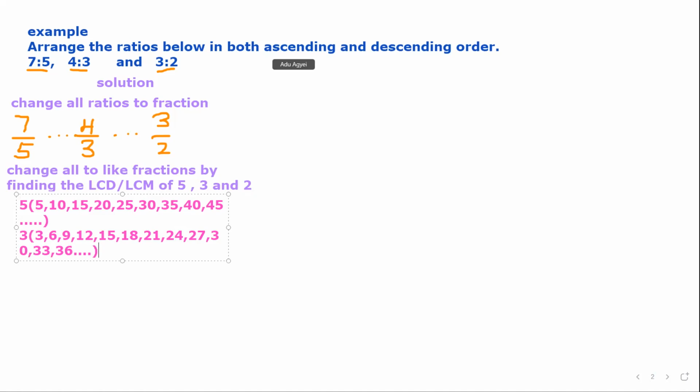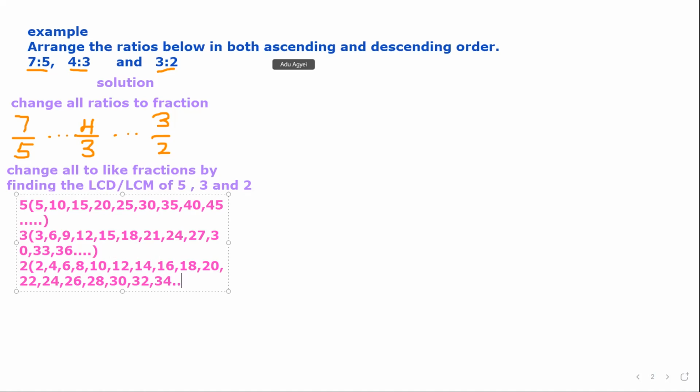Then the multiples of 2, we have 2, 4, 6, 8, 10, 12, 14, 16, 18, 20, 22, 24, 26, 28, 30, 32, 34, 36.